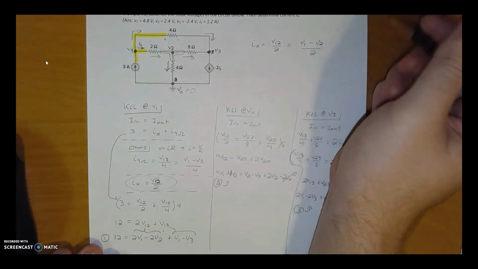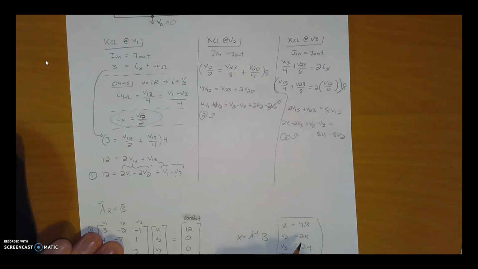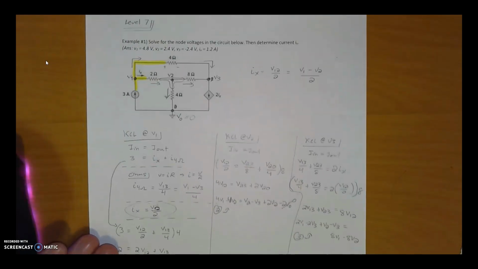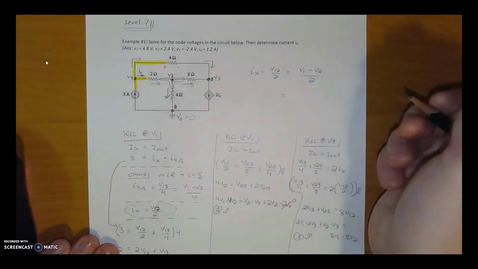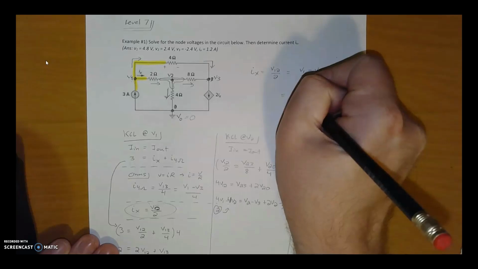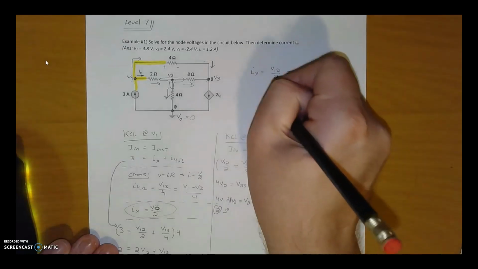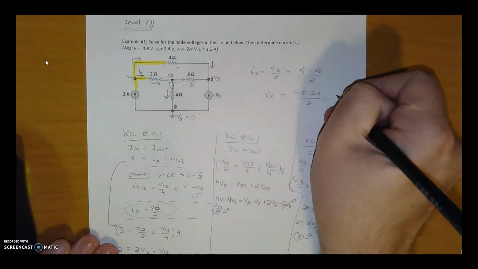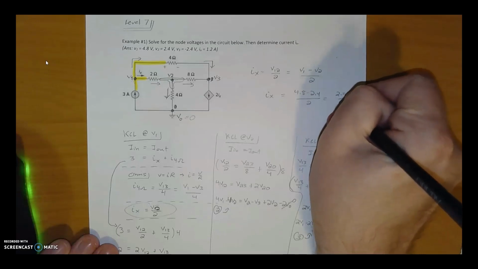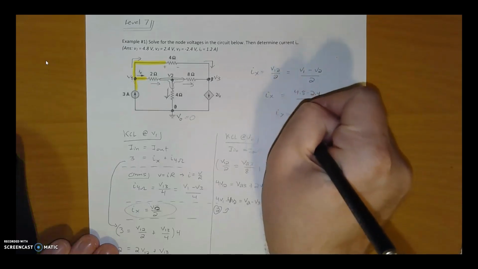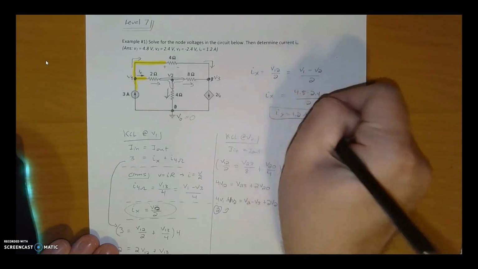And it's as easy as plugging in the numbers that we already found. So in this case, V1 being 4.8 and V2 being 2.4. So 4.8 minus 2.4 all over 2. So you're going to get 2.4 over 2, which is going to give you 1.2 amps.